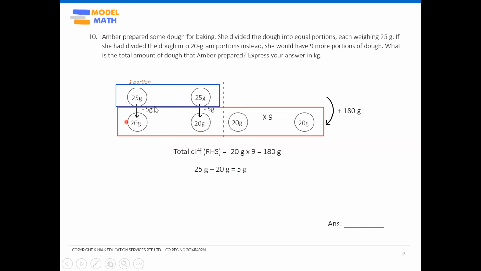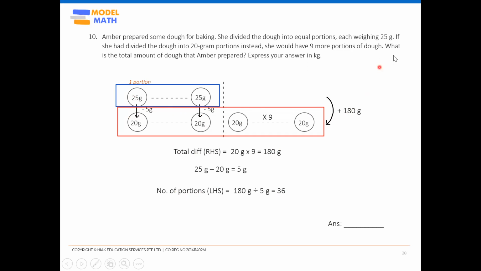But remember, altogether on the left side, I need it to drop by 180 grams, because the 180 grams is shifted over to the right-hand side to form this additional 9 portions. So how many portions would exist on the left-hand side? The number of portions on the left-hand side would be 180 divided by 5, because every portion I pinch out 5. So the number of portions will be 36 portions on the left-hand side.